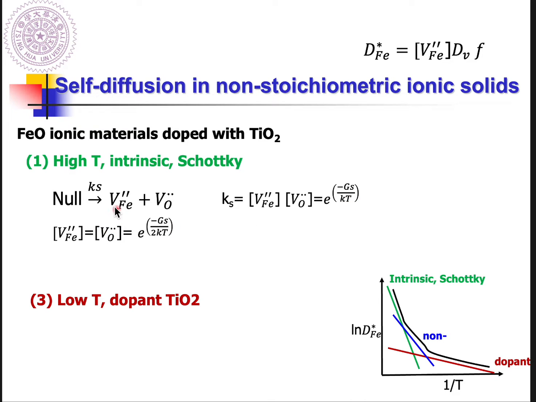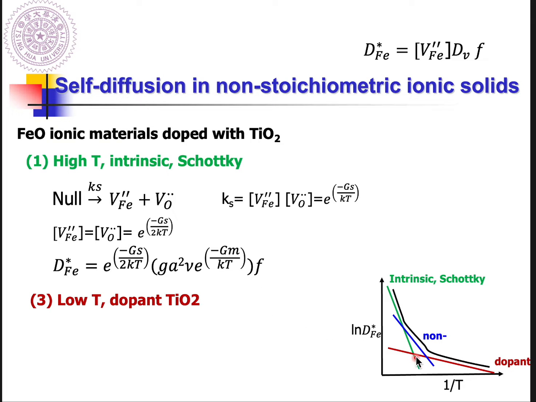Because the number of V_Fe will be the same as V_O, the vacancy fraction is expressed as exponential of minus Schottky defect formation energy divided by 2kT. So now we know the vacancy at the iron side, and just substituting this, we can easily get the diffusivity, which can be expressed like this, with dV the migration energy and times F.